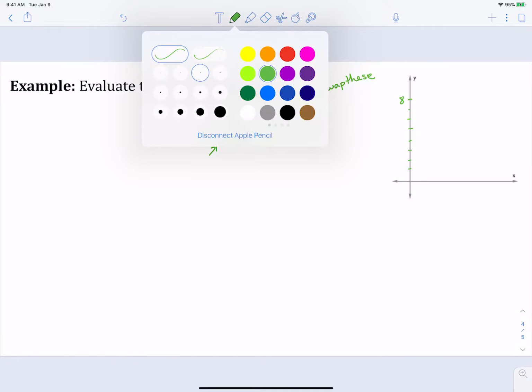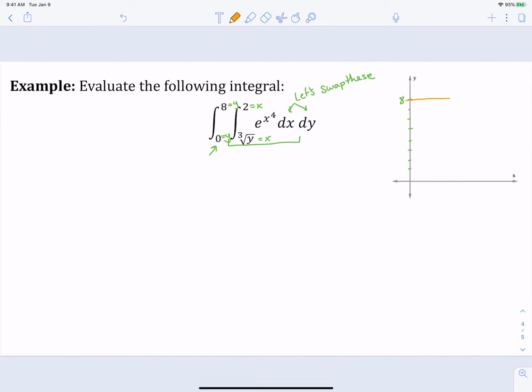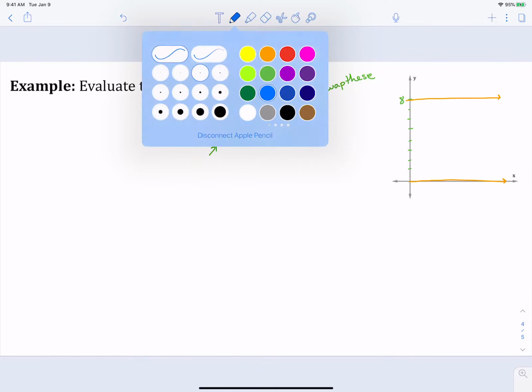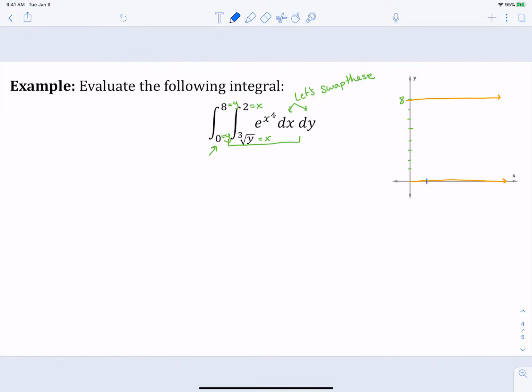All right, so these limits of integration, you can draw those in as horizontal lines. They kind of give us like the lower and the upper bounds of things, so that's moderately helpful there. And then graphing x equals 2, let's grab a different color here. So maybe there's 2 and there's 1, so I'm making my scale a little bit different.